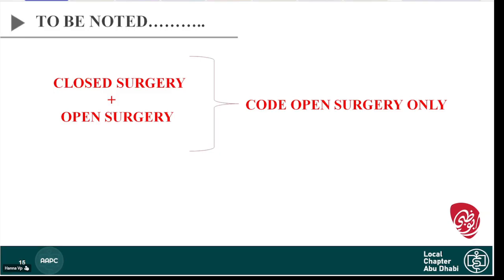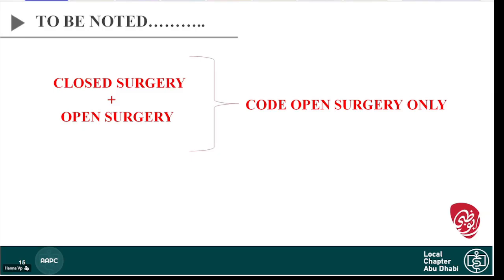So what does it mean, guys? Closed surgery and open surgery indicate this: if the doctor started the surgery in a closed manner, maybe using endoscopy, but in the middle of the session they removed the endoscope, opened the skin and did the procedure, then closed surgery became open surgery.